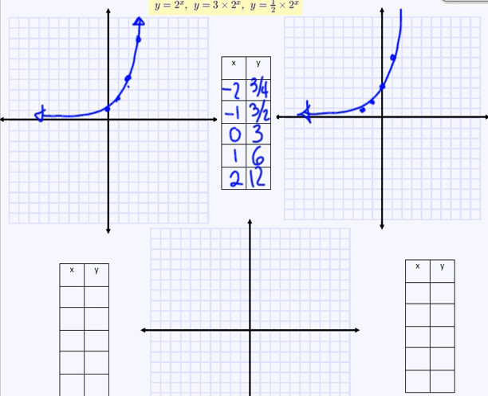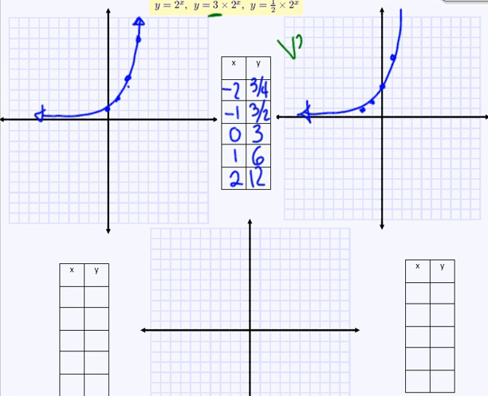So what's happened to our 2 to the x? Well, it's just gone through a vertical stretch. Just like you would expect, if we multiply y by 3, we're vertically stretching our graph by 3.